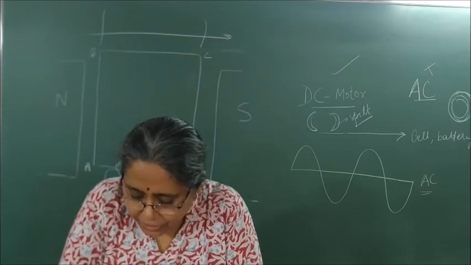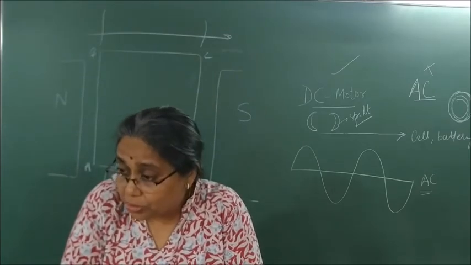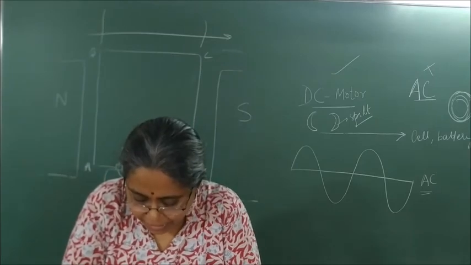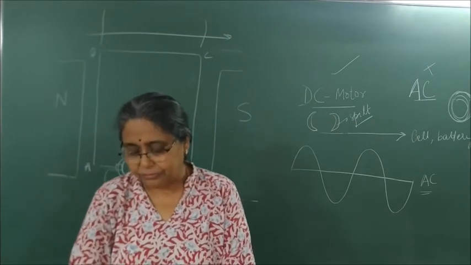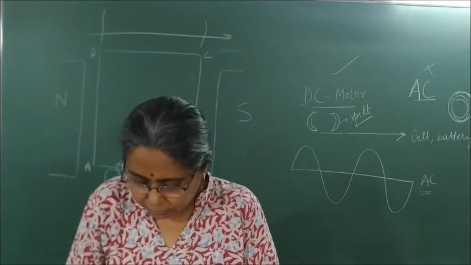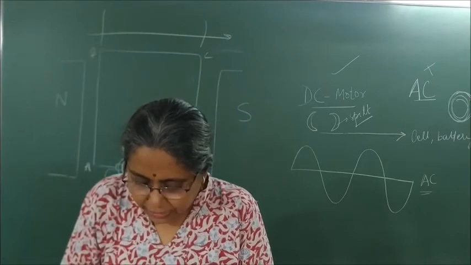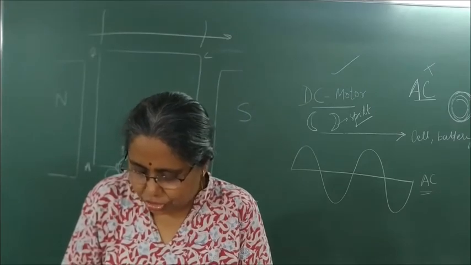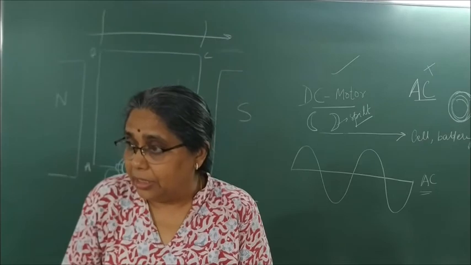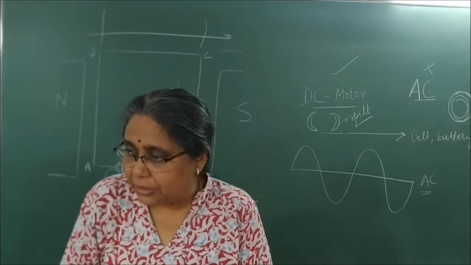Please underline in your textbook, page number 233. Open your textbook, please. Can you see? A device that reverses the direction of flow of current through a circuit. Can you see somewhere, along the path DCBA.